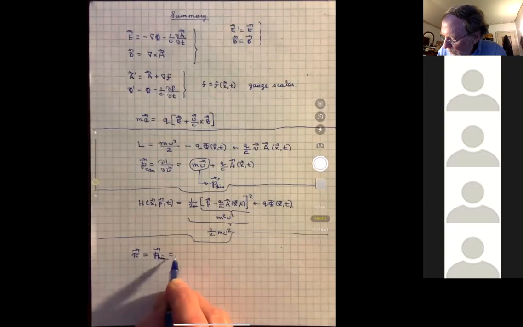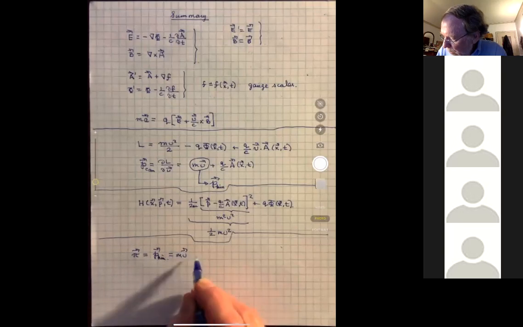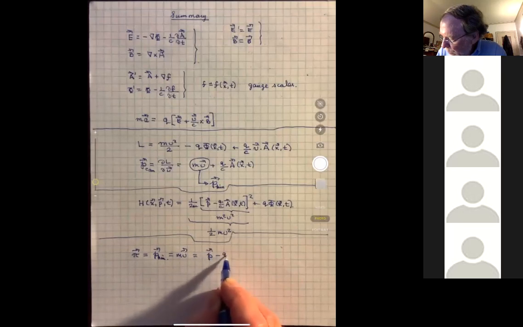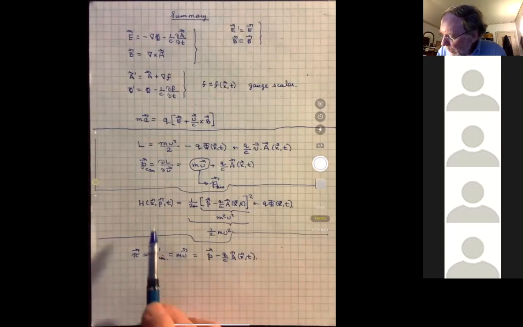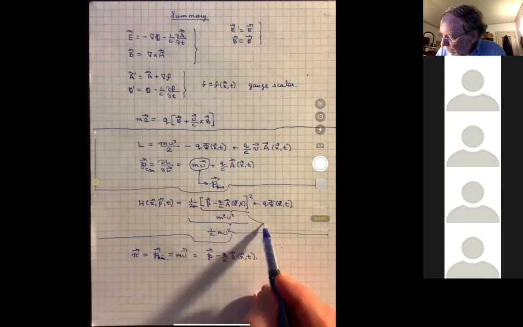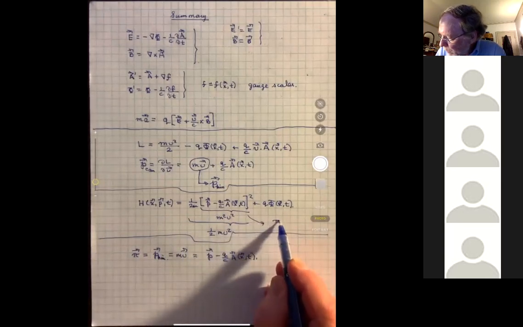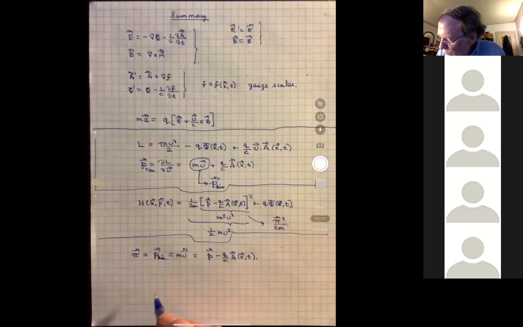So it's equal to mv classically, but it's also the same thing as the canonical momentum P minus Q over c times A. It's this complicated expression that appears everywhere. And so the kinetic energy is pi vector squared over 2m.